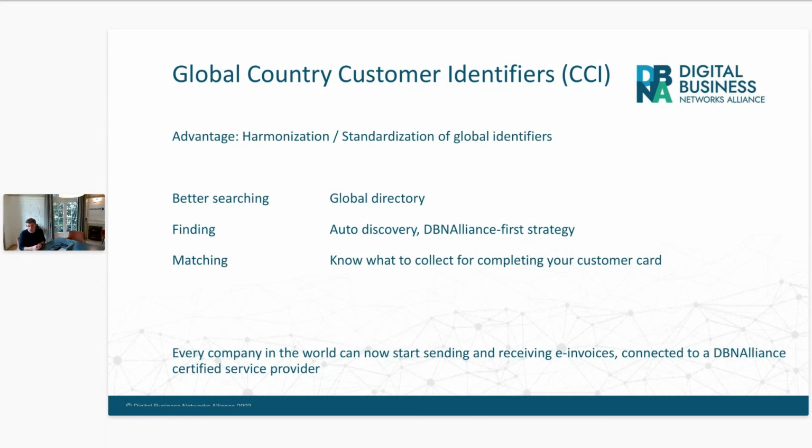So, and I'll show you the policy later. But so then you know per country which identifiers to collect. And so it really makes it simple and it really makes it useful for every country.